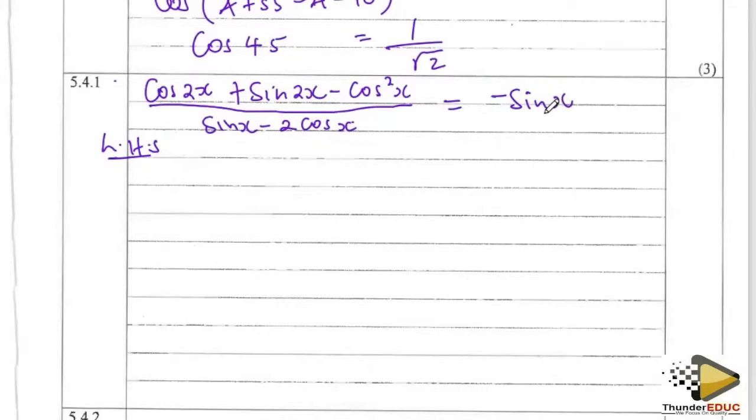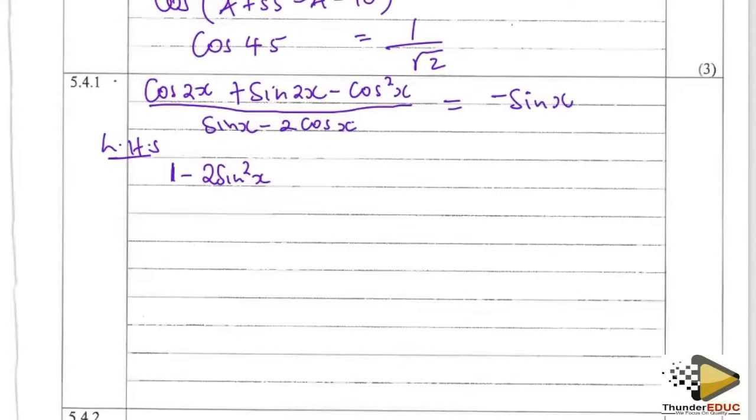All right, what am I going to do? I'm going to change everything to sine, if possible. So I'll break down the cos 2x into 1 minus 2 sine squared x.